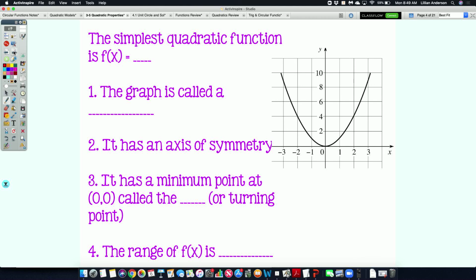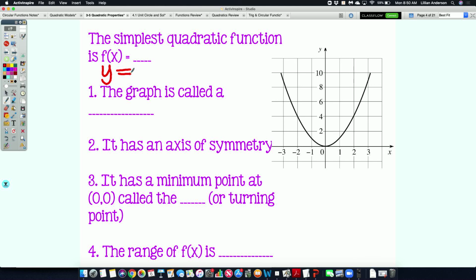Like when you were dealing with quadratics, what was the function that you dealt with? F of x equals y? No. Because remember, f of x is y. It's the same thing as saying y equals. Y equals what? How did you know that if you were given a function, it was a quadratic? That it looked like that?